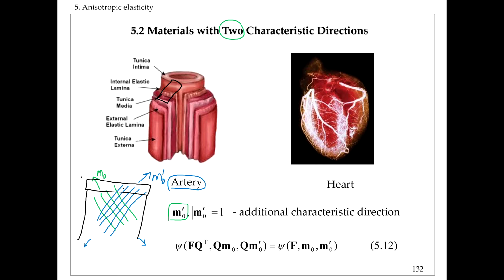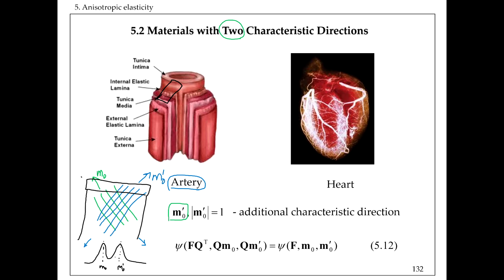It's never the case that the majority of the fibers are aligned in one direction and the rest in another. Of course, there is a dispersion curve, and if you measure all the orientations, you will find basically a distribution something like that, and these two peaks in the distribution, and how frequently they appear in the measurement, will correspond to the orientation of the vectors M0 and M0 tag.